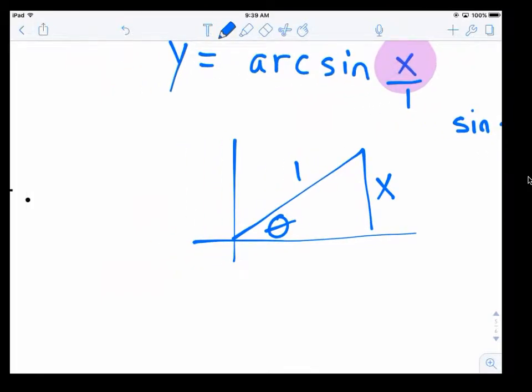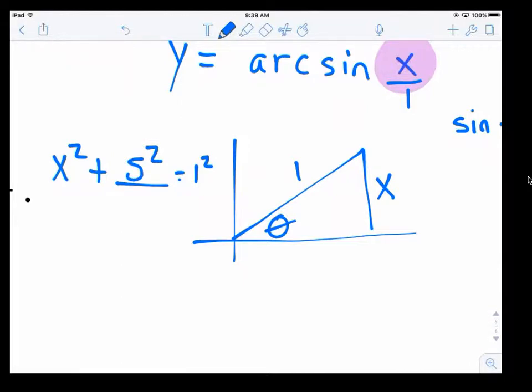So you have, say, x squared plus the missing term is equal to 1 squared. We'll call this side squared.